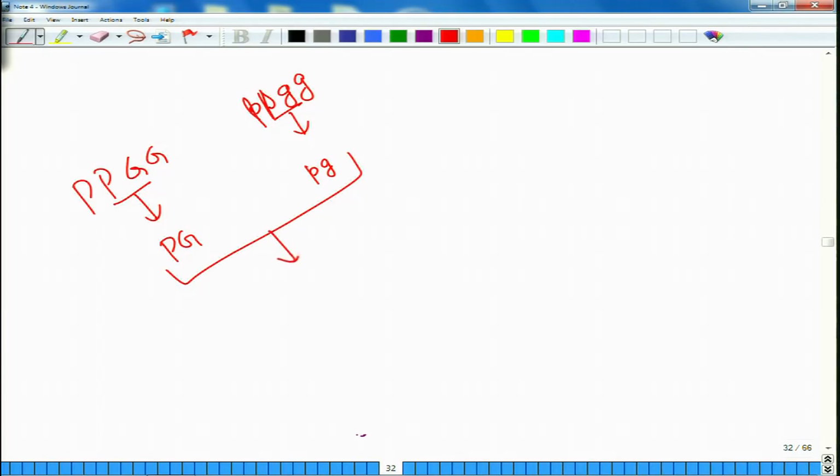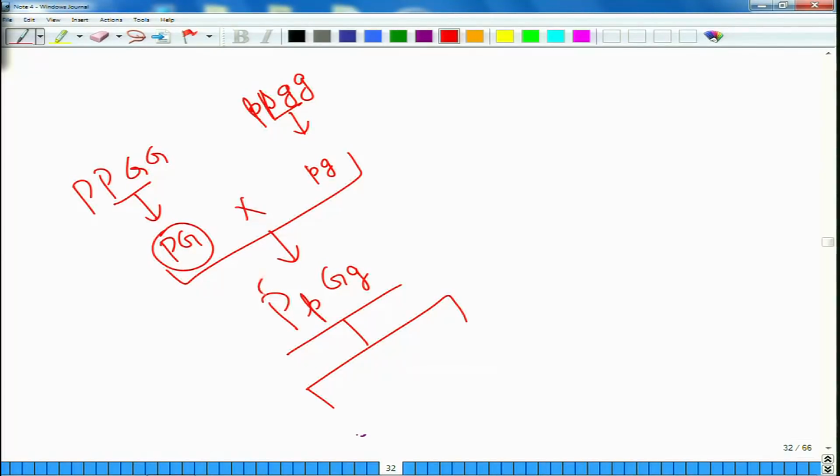Now when we have a cross, we get an individual that is capital P small p, capital G small g. But in the next generation, this would not give us four different kinds of sperms, but would only give us two different kinds of sperms, because capital P and capital G always come out together. So it will give us capital P capital G and small p small g. And similarly in the case of the mother plant as well. So we would be getting capital P capital G and small p small g.